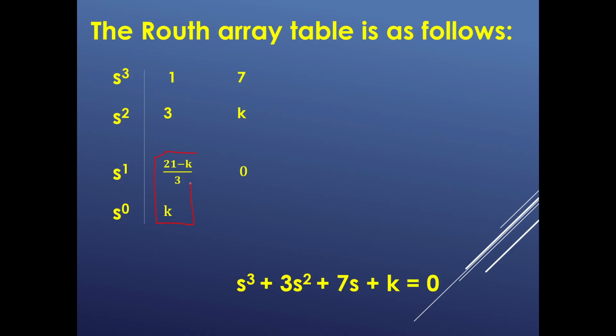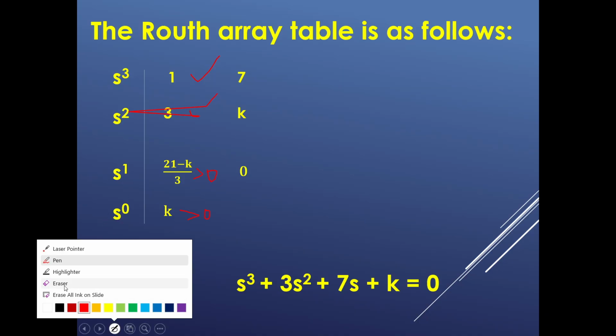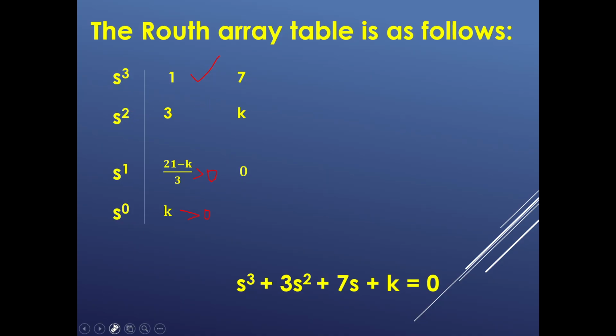It is very hard to say whether the system is stable or not because of these two terms. If suppose this term is greater than 0 and this term is also greater than 0, then I can say that the system is stable. Here 1 is already positive, this is also positive.